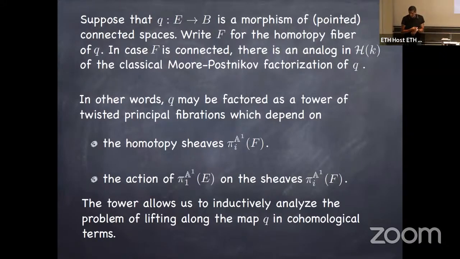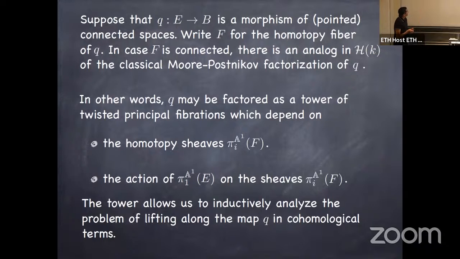All right, so we really want to do topology, and one of the key tools we have in topology for studying lifting questions is the Moore-Postnikov factorization of a map. So if you have any map, you can try to factor it into simpler pieces. Again, I don't want to get into details about what that factorization actually looks like, but if I have a morphism of suitably pointed connected spaces, then I can talk about the fiber of that map in a suitable homotopy theoretic sense.